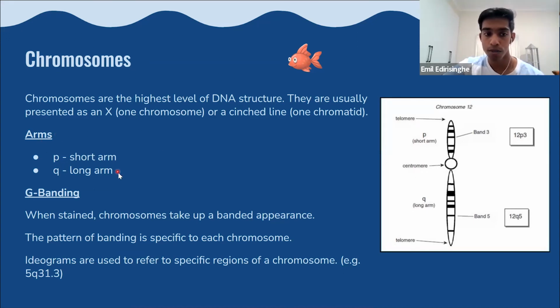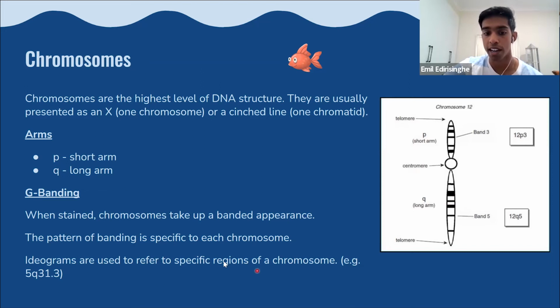The arms of the chromosomes are also named with a certain nomenclature. The short arm of the chromosome is always called the P arm, and the Q arm is always the long arm of the chromosome. There's also a method of staining the chromosomes called G-banding, which causes them to have banded appearances, alternating bands of white and black.